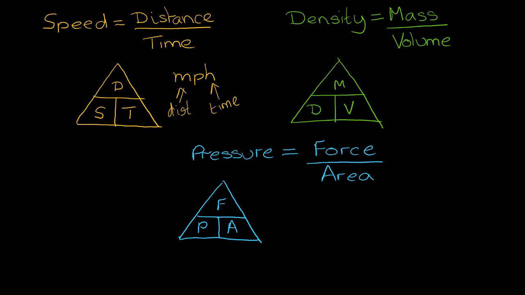So typically the units are either going to be grams per centimetres cubed or kilograms per metre cubed. So you can see that on this side we've got weight or mass, and cubed implies that we are dealing with a volume here.